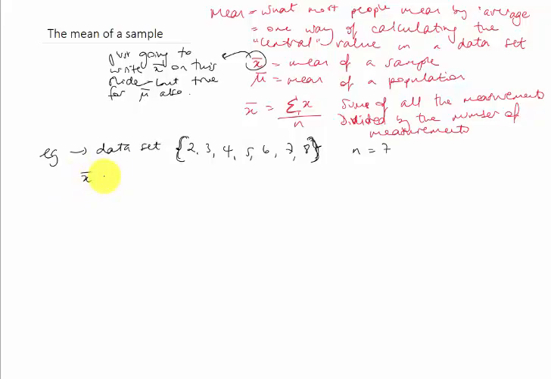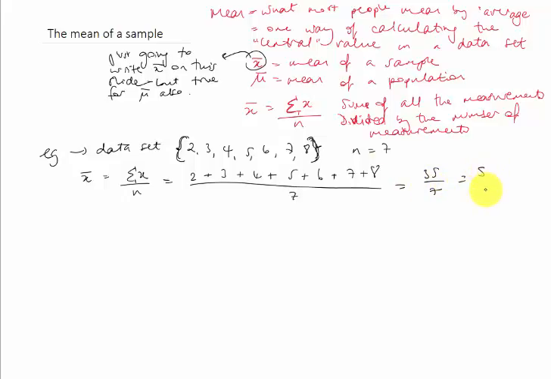So the sample mean is the sum of x over n, so in this case that's 2 plus 3 plus 4 plus 5 plus 6 plus 7 plus 8 divided by n, which is 7. If we add this up, that's 35 divided by 7, which is 5.